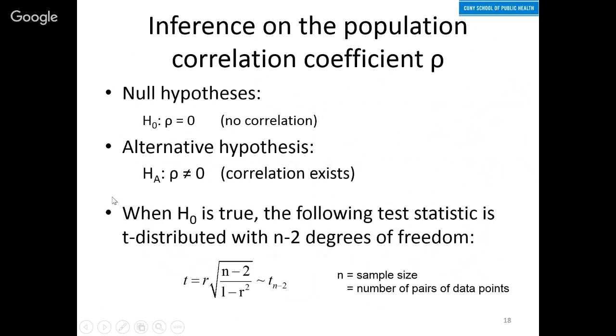You can calculate R, as we showed a couple of slides ago, and using just R and n, your number of observations, you calculate this value, and it turns out to be T distributed with n-2 degrees of freedom. And you all know what to do from there, right?